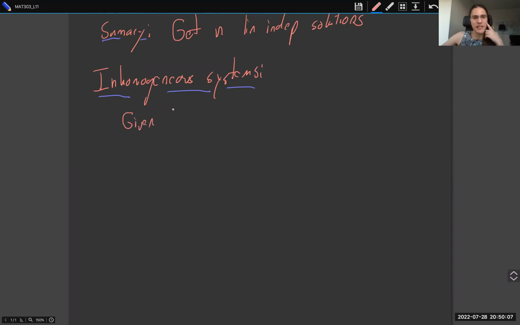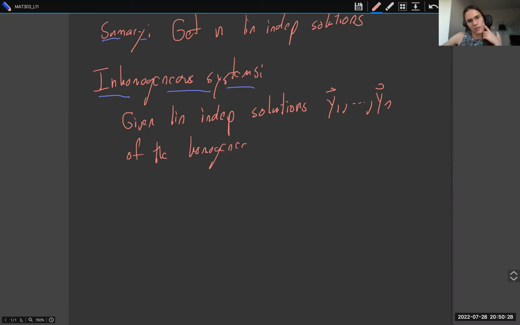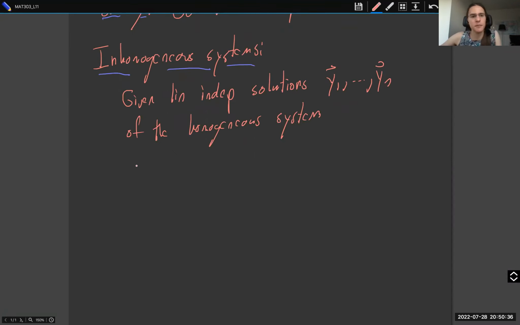Given linearly independent solutions, y1 through yn, of the homogeneous system, and these are vectors, you can construct the fundamental matrix of the system. It's a matrix whose columns are the solutions.